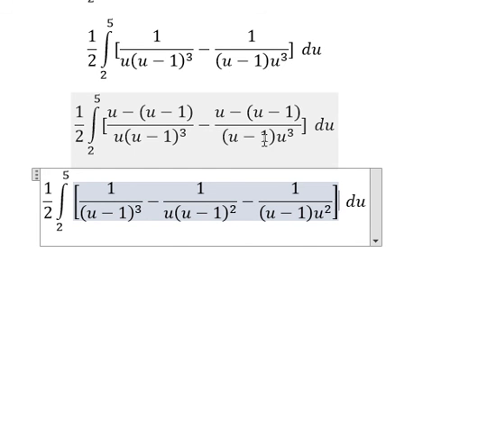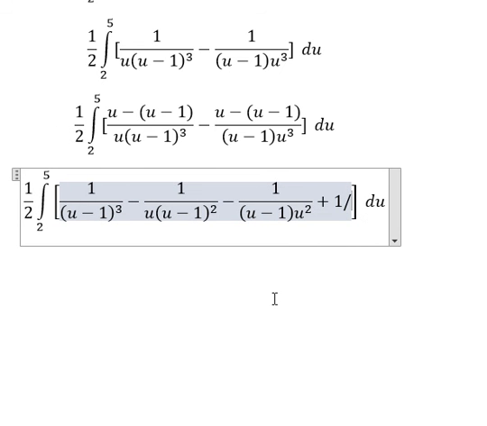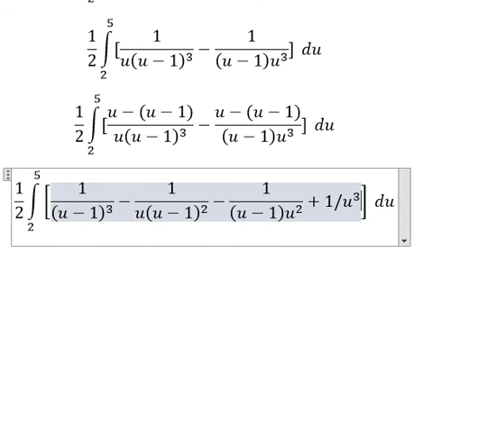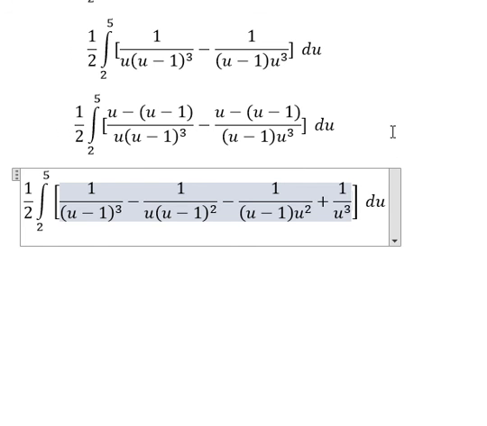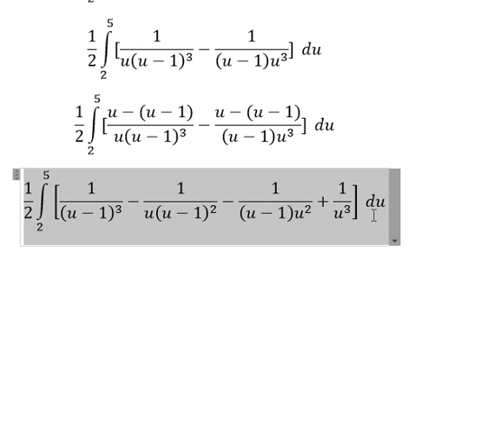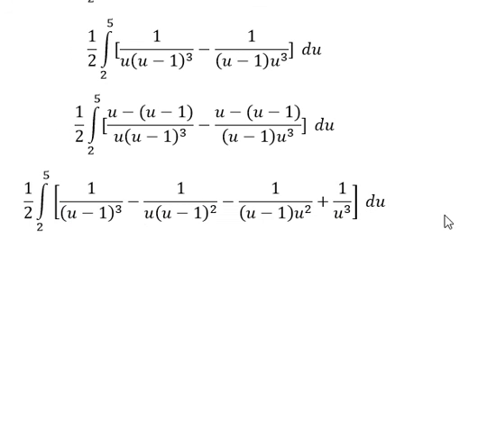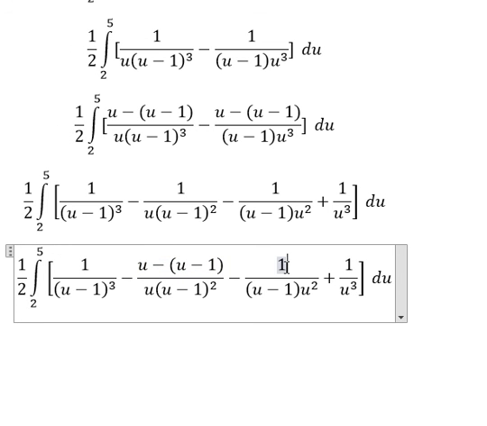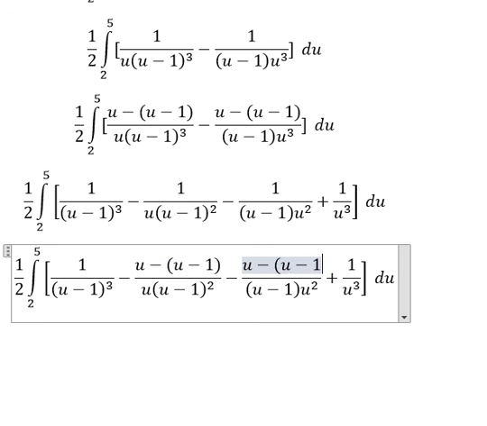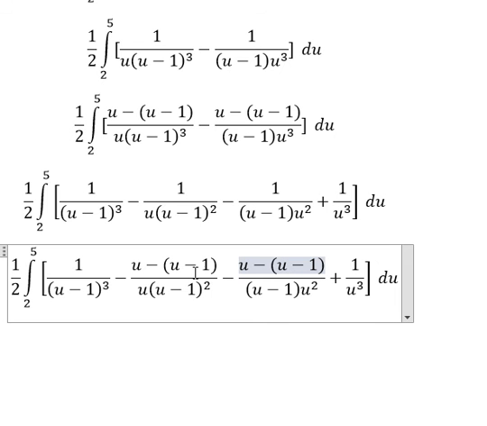This one, because we had a negative, we put the positive here. Now we continue using this one. u minus 1 divided by this one, and u divided by u.